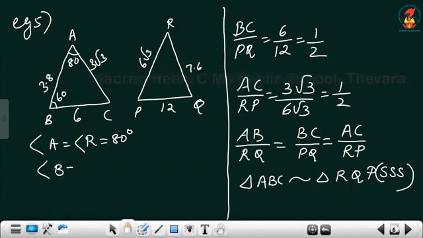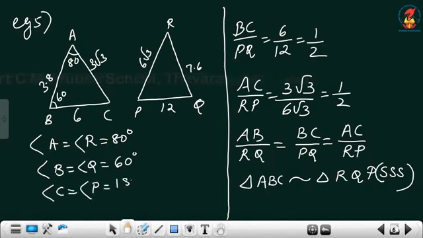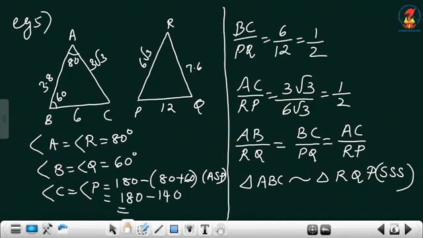And angle B is equal to angle Q is equal to 60 degree. And angle C is equal to angle P is equal to 180 minus (80 plus 60) using angle sum property, which is equal to 180 minus 140, which is equal to 40 degree. This is the value of angle P.